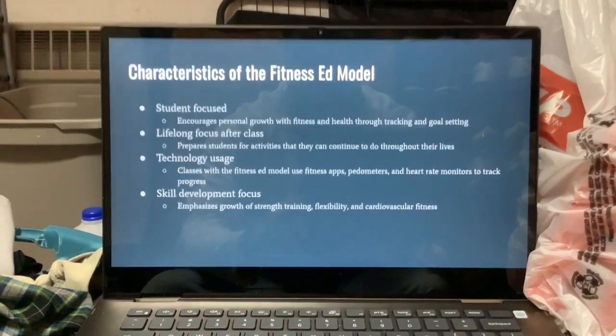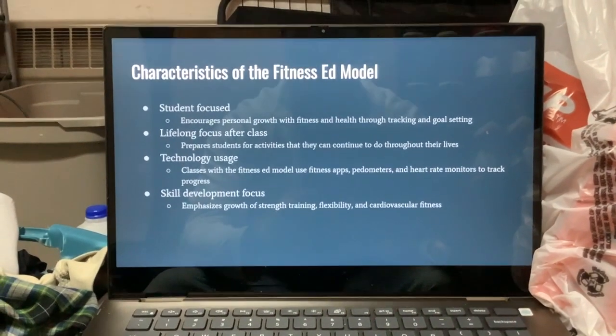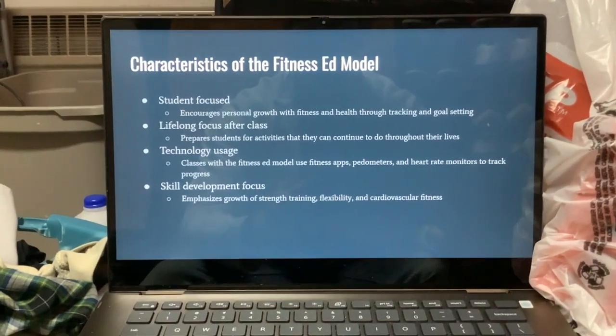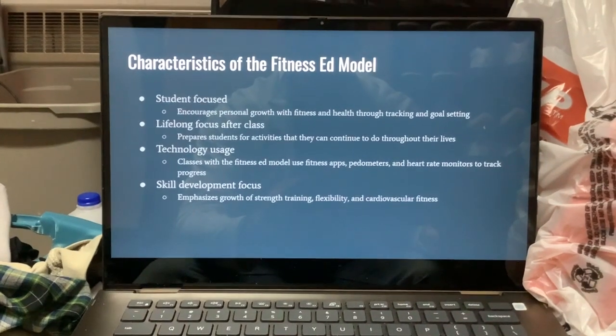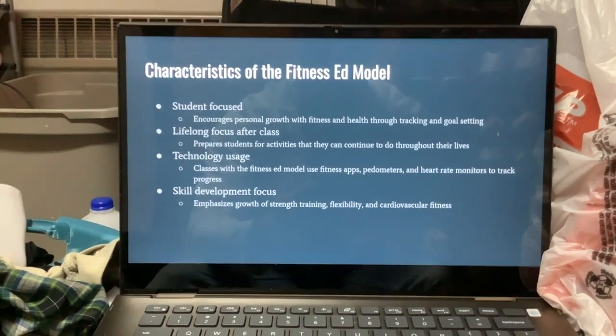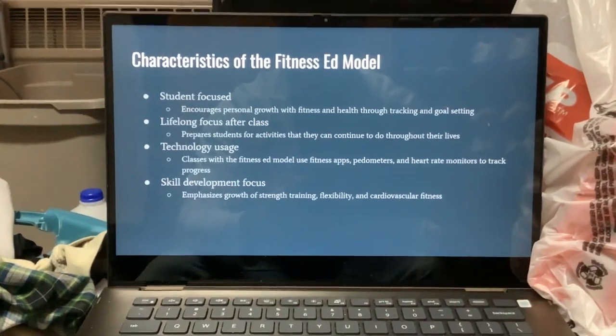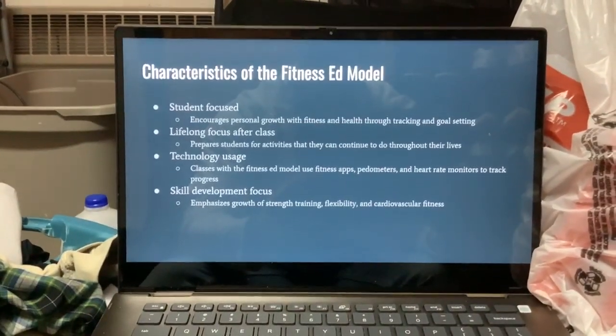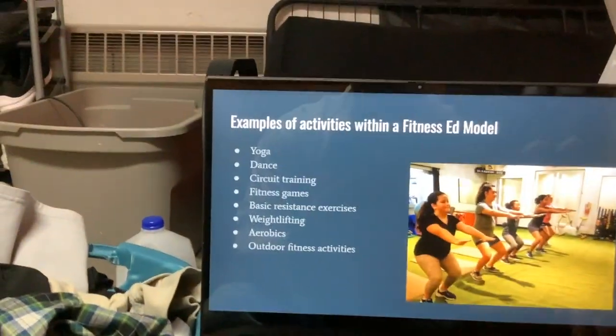Cardiovascular, you can track your heart rate, and that can also be strengthened and made healthier through different exercises and just continued use in those exercises. So those are some main characteristics of the fitness ed model.